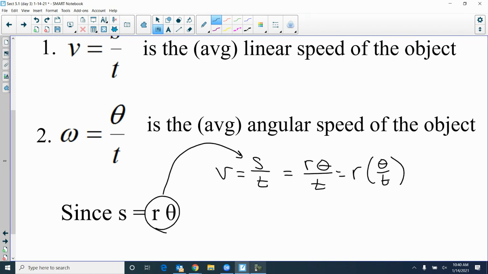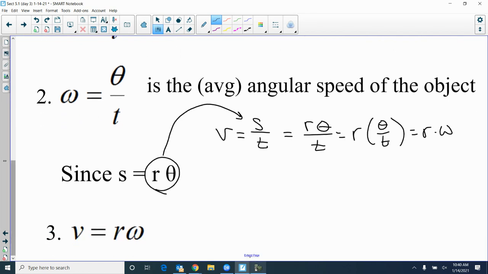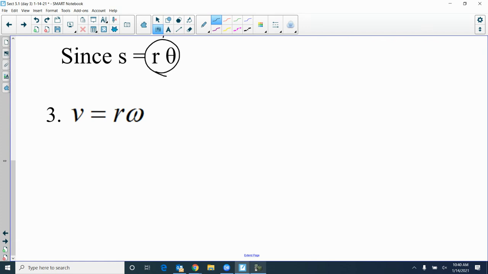So I can replace theta divided by time with omega. So what that boils down to is the velocity equals r times omega. Okay, that will be another fact, only if the angle is in what? Radians. Only if the angle is in radians. So theta has to be in radians.